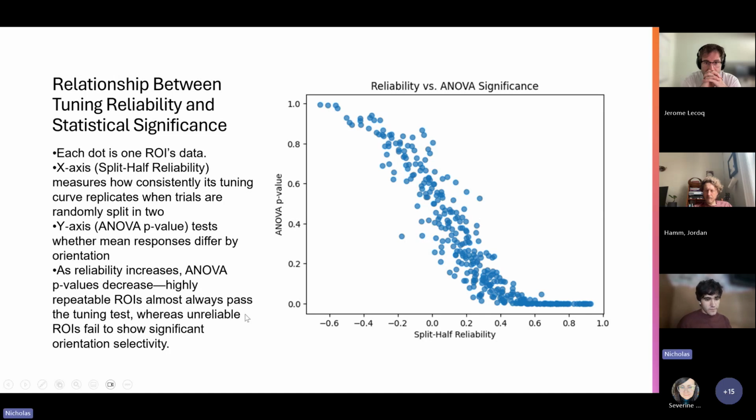That is, they're exhibiting a lower p-value with respect to this ANOVA test, which makes sense.